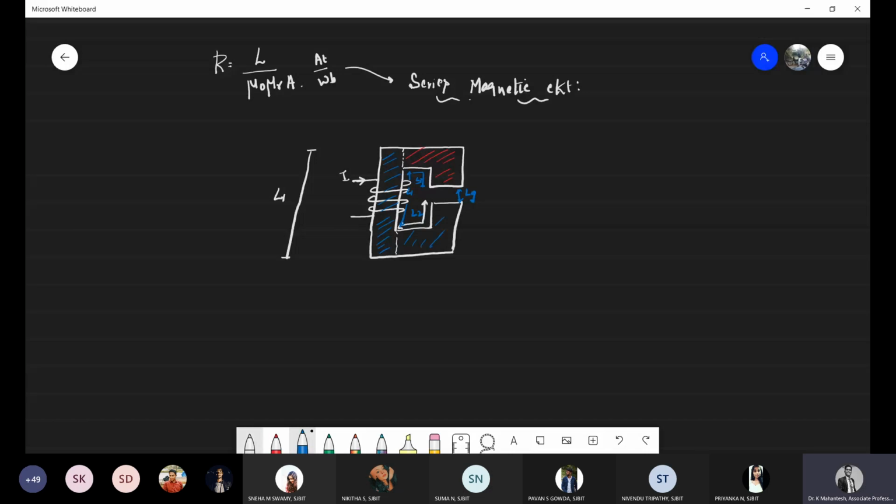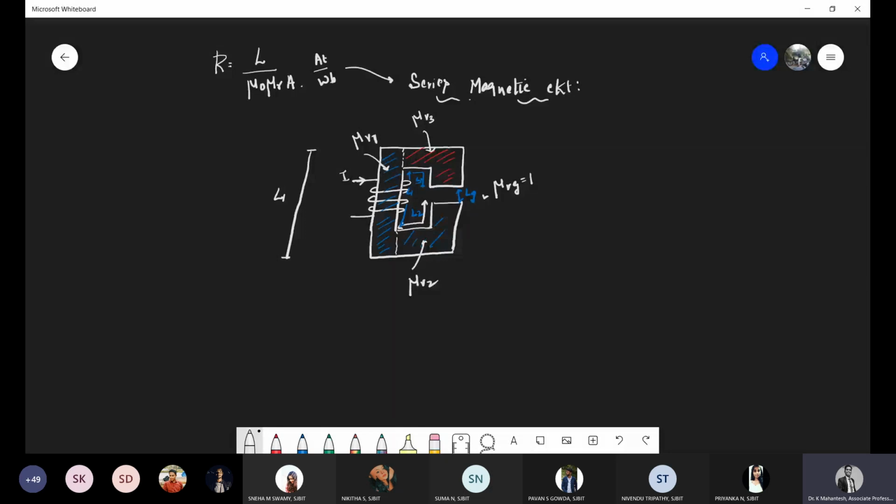Let me write the permeabilities here: mu R3, mu R1, mu R2, and these materials are connected in series including your Lg. This is of mu Rg, which is equal to 1 since the gap is considered to be air, so mu R value is 1.